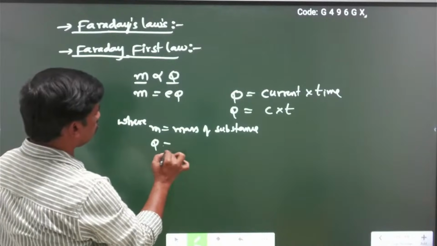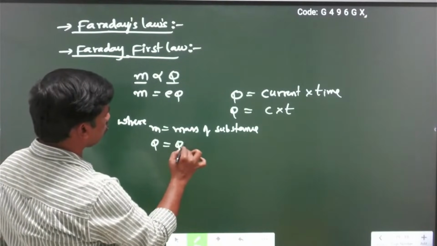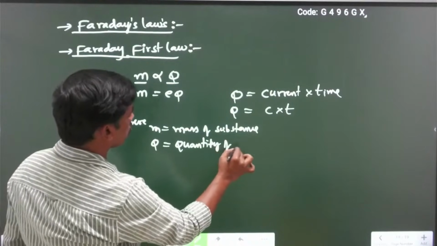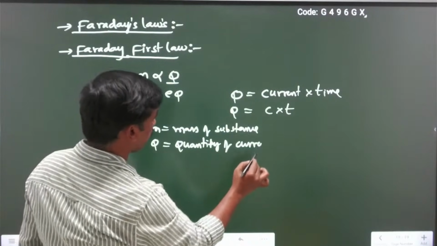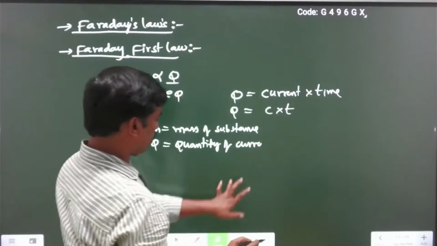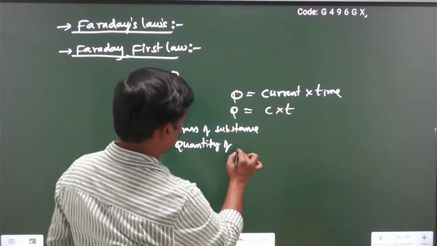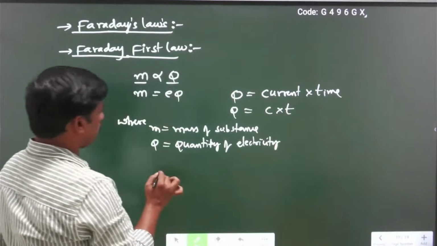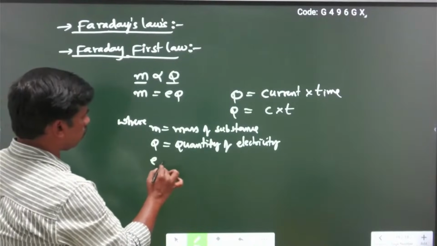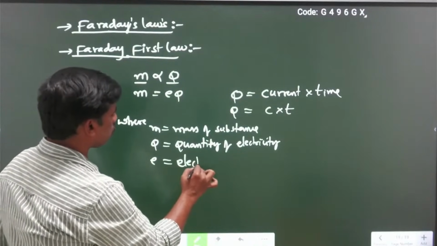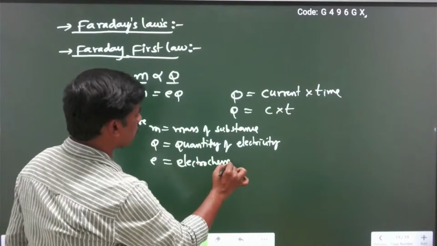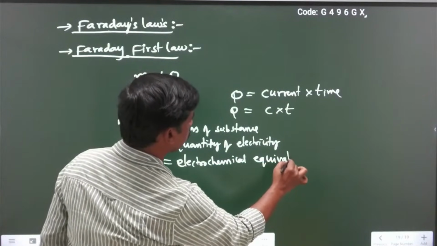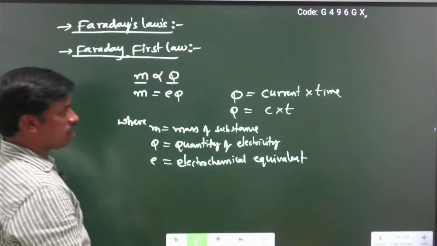Q is the quantity of current or quantity of electricity, and E is the electrochemical equivalent.